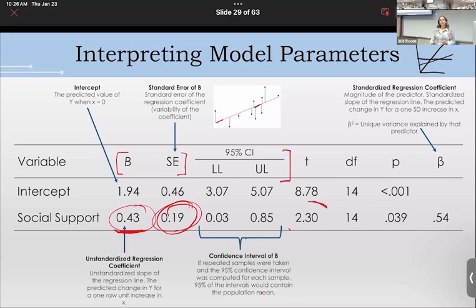Where have we seen that number before? It's Pearson R. Why? Because it's just the relationship between social support and self-esteem. The only difference is we drew a slope. We drew the line, okay? That happens only in simple regression. In simple regression, beta and Pearson R are always going to be exactly the same.